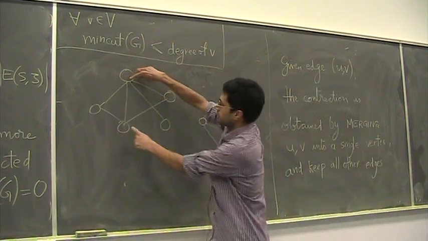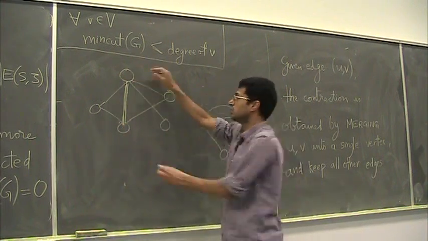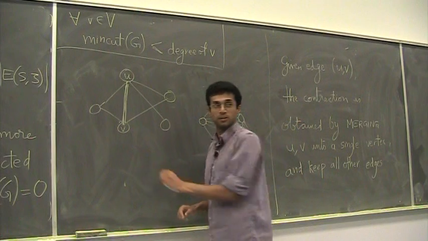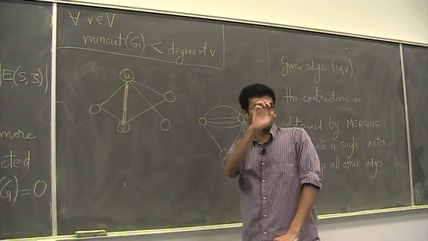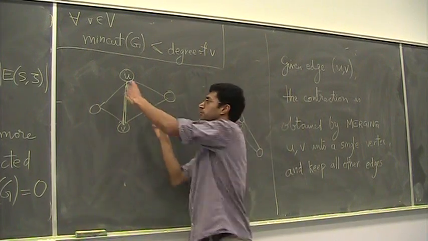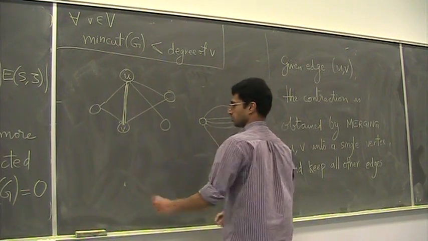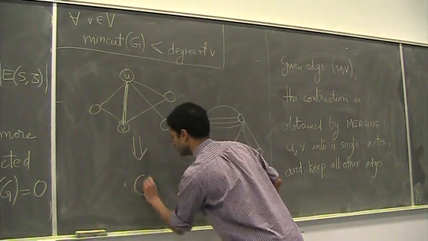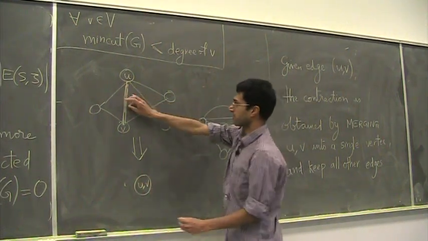So if I contract that edge, so let's say this is U and this is V, I'm going to merge these into this one mega vertex, but just keep all the other edges. And this edge will disappear, right? But all the edges will remain. So the contraction will give me this one vertex. Let me just refer to this as U comma V, which I contracted.